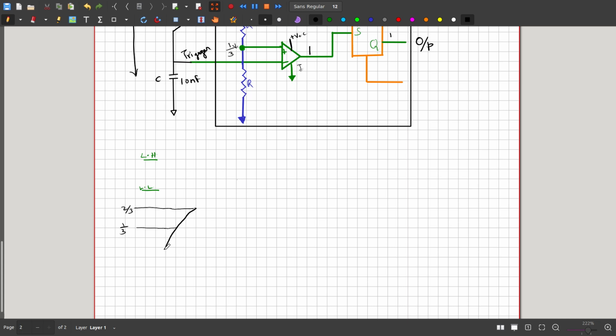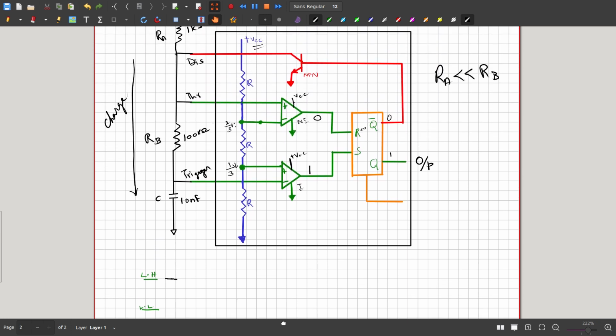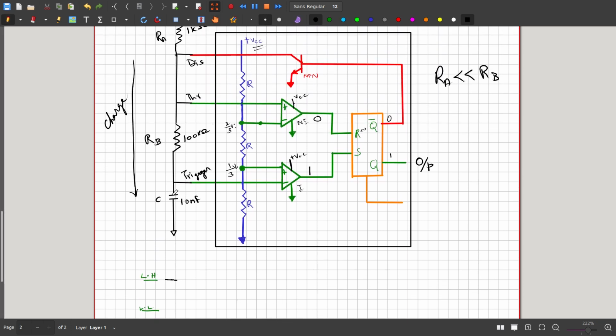Initially when the charge of the capacitor is low, we have a logic high state, and it remains logic high till the capacitor reaches 1/3 of the reference. The capacitor starts to charge and the voltage rises, and this voltage is compared by this and this comparator. Initially the voltage here is less than 1/3 of the input voltage. Therefore this is logic high and this will be logic low.